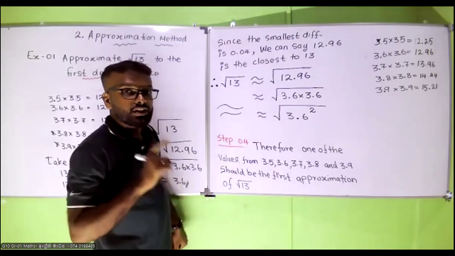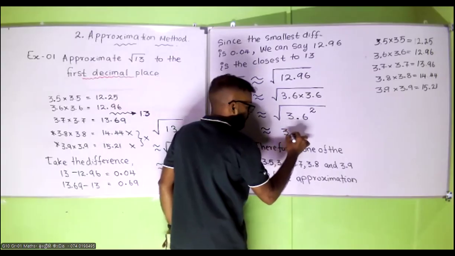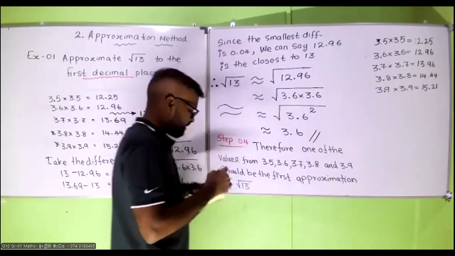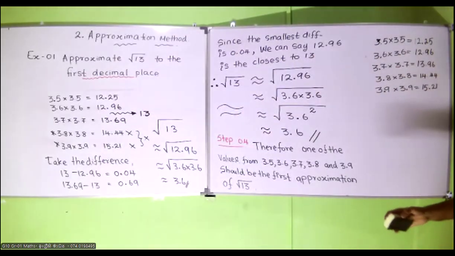So the answer is 3.6 to the first approximation. It's a very small thing.